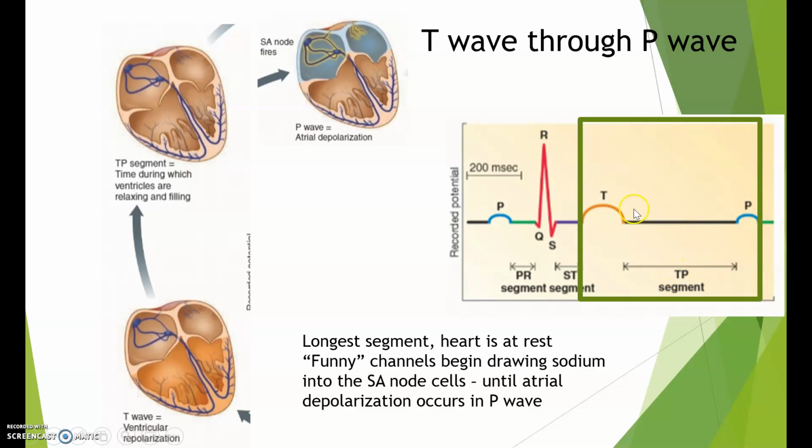And just a quick note that one of the goals, as a human, is to make your heart as efficient as possible. So that's why we like to say exercise and a healthy diet are so important, so you don't get too much extra activity going here where you're wasting energy in your heart. If you look at an endurance athlete, their TP segment is probably incredibly long because they've trained their heart to pump massive amounts of blood at a lower heart rate.